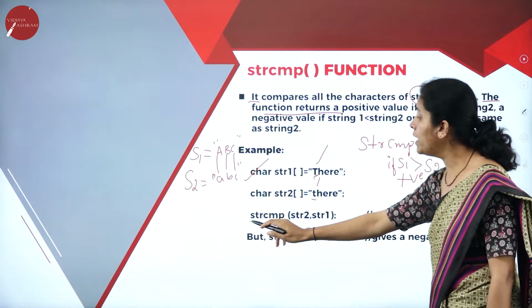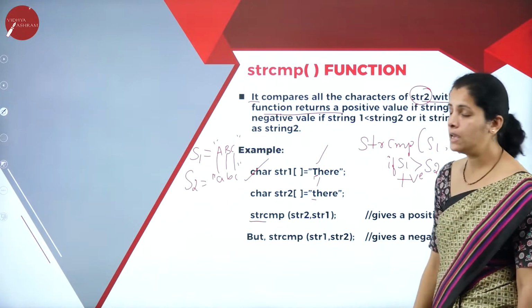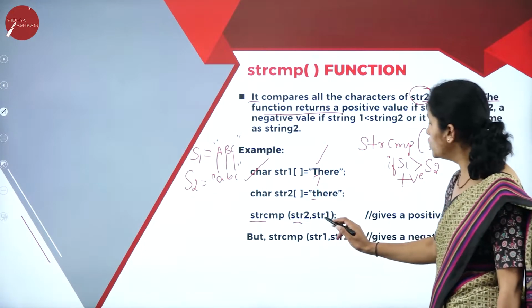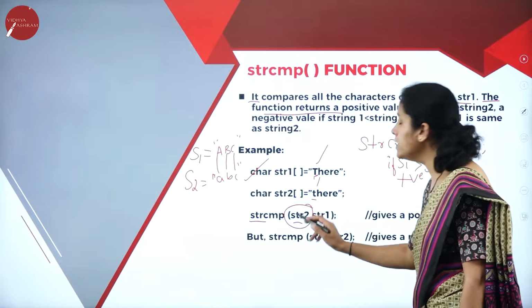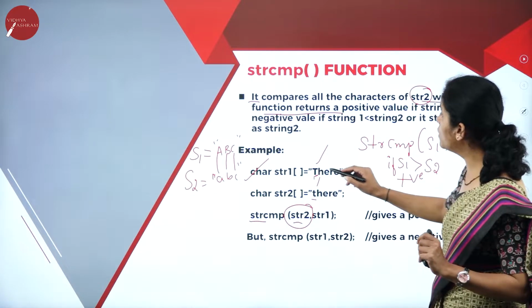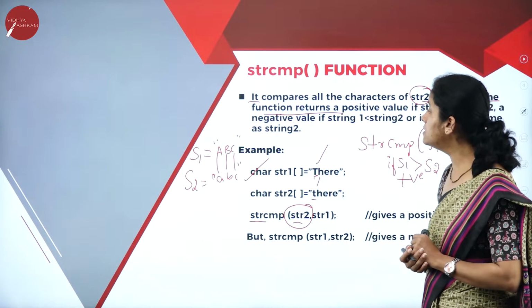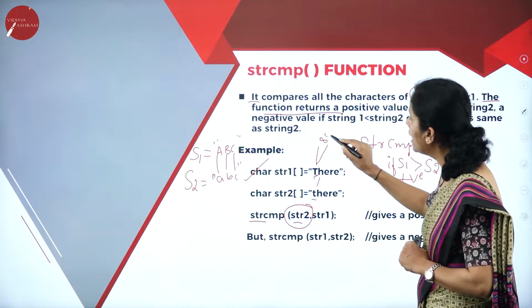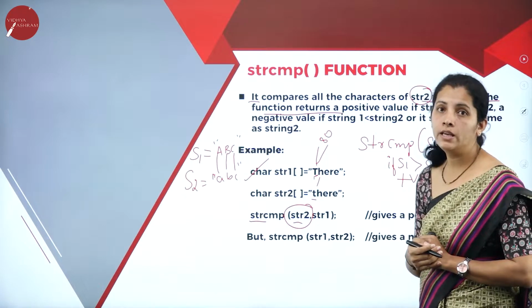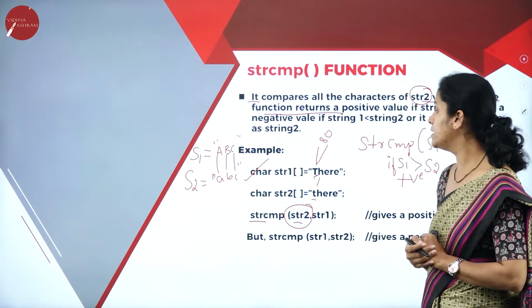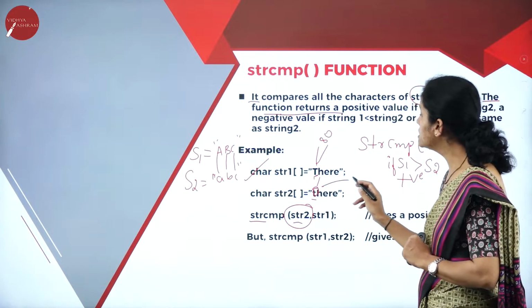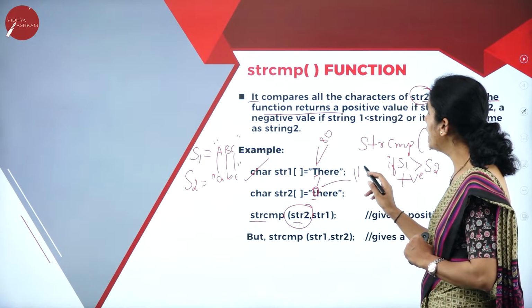So when I call strcmp, that is str2, str1, it's going to return the negative value, because if I consider capital T, the value of T is around 80. And if I consider small letter t, it is around 118.